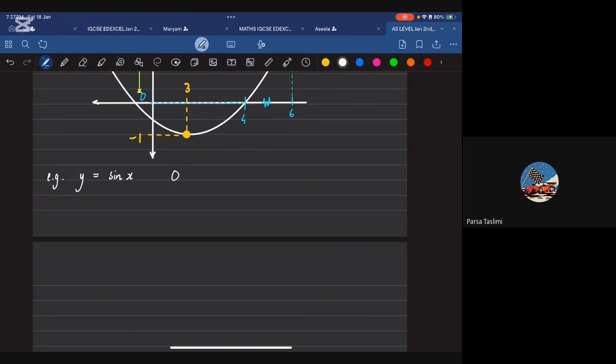And this is going to be 0 is less than or equal to x. This is your domain. Y is equal to sine x is your function, and this right here is your domain. Because we've already discussed that your domain is always given.